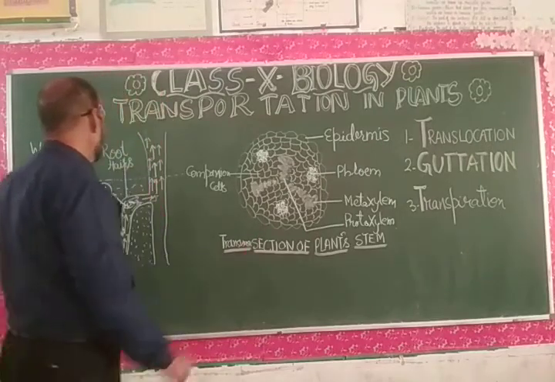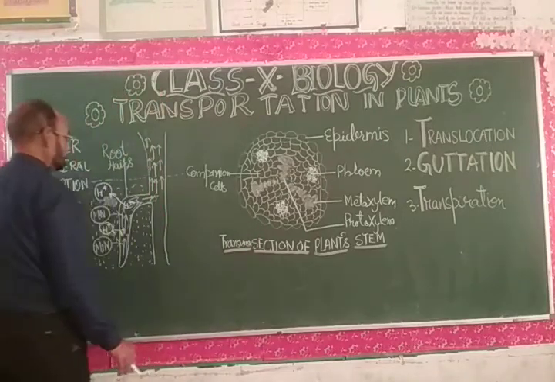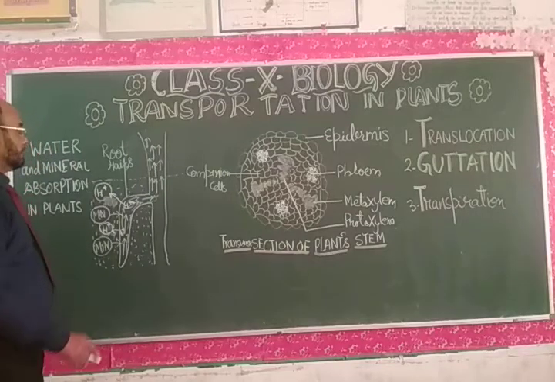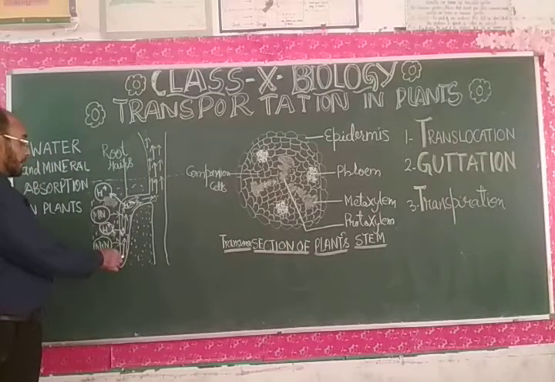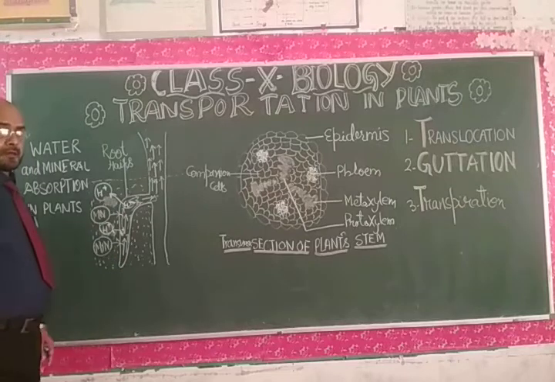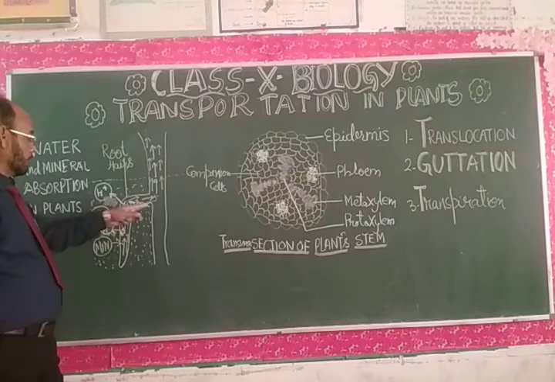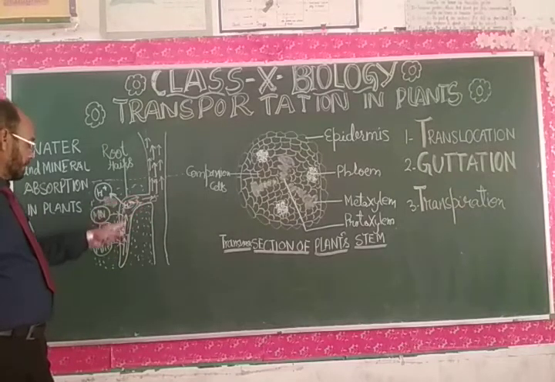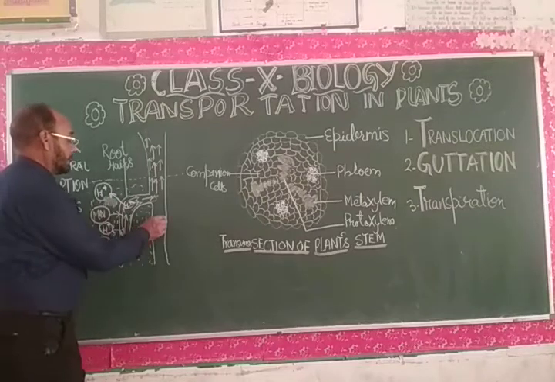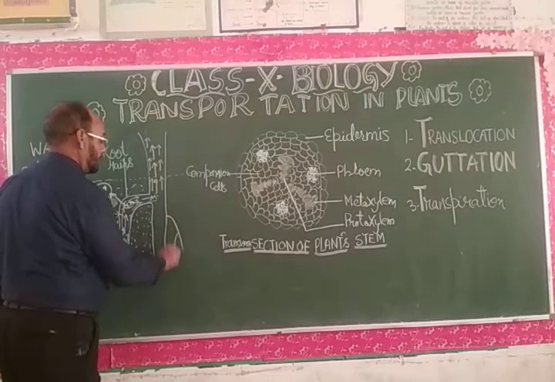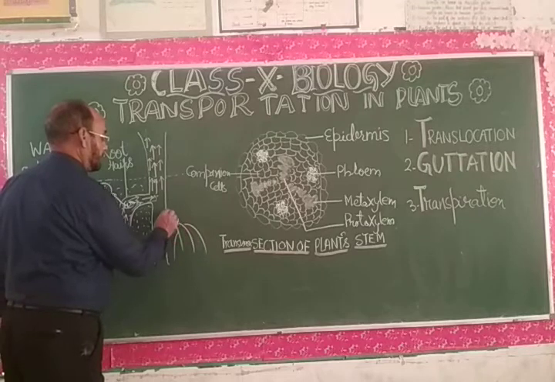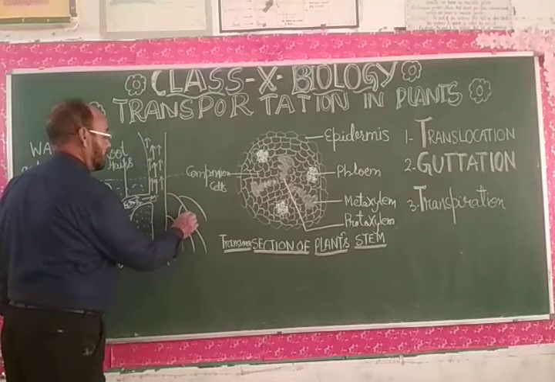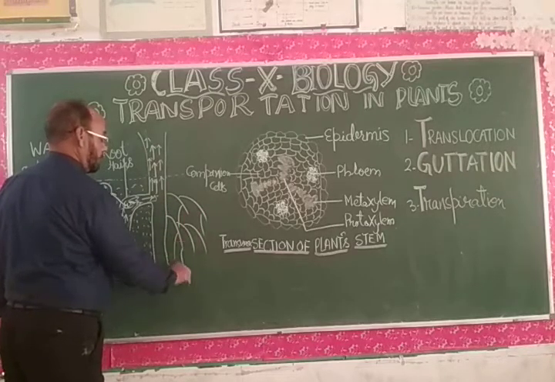Dear students, you have to see the first process, that is the absorption of water and minerals from the ground by the root, where root hairs are involved. You know that root hairs are responsible for the absorption of minerals and water.